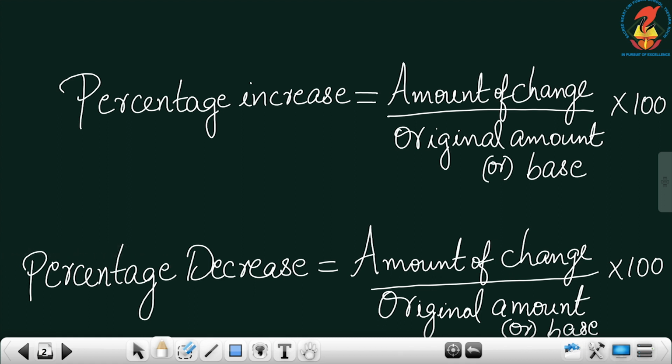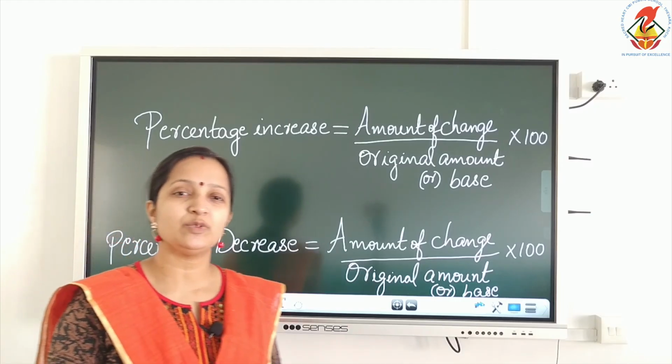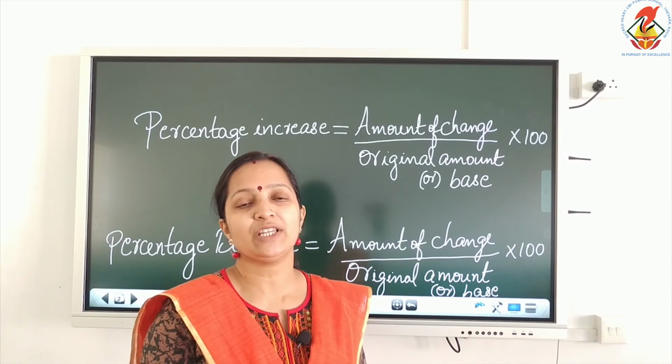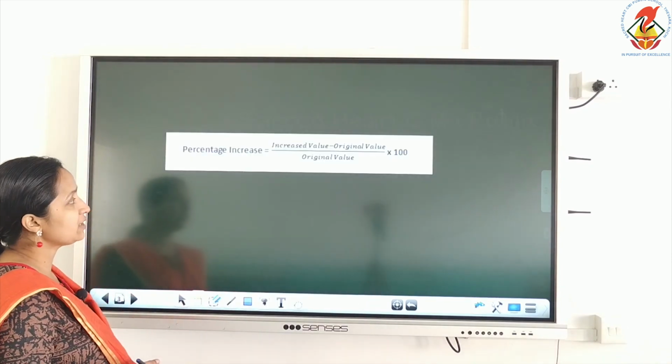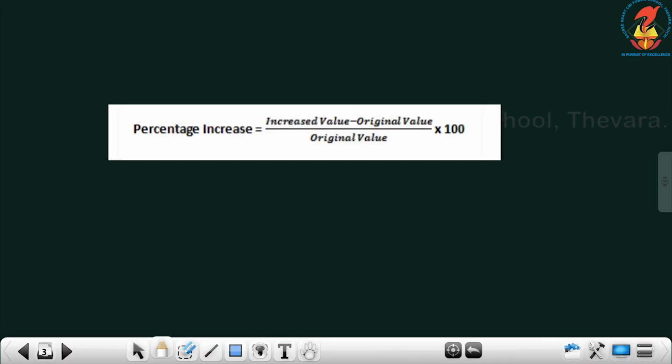What do you mean by amount of change? Amount of change means how much change happened upon the original amount. How will we find it? For percentage increase, amount of change is increased value minus original value.